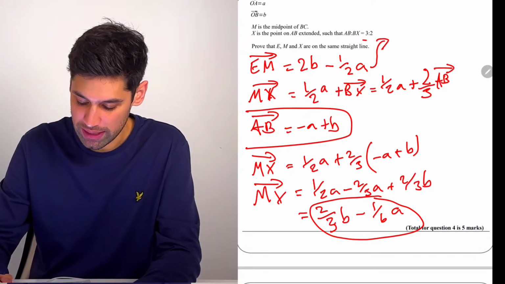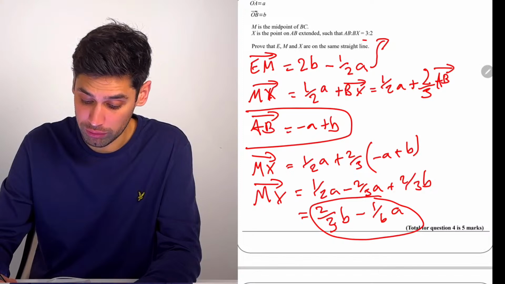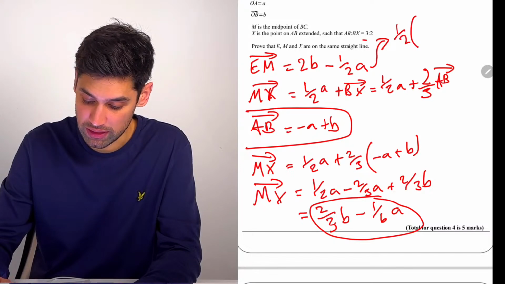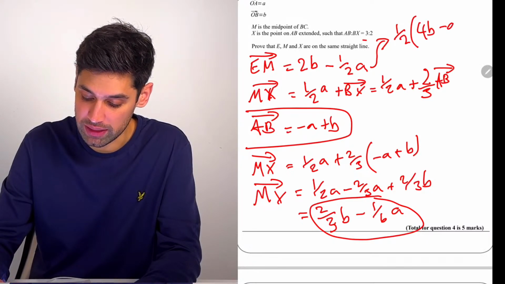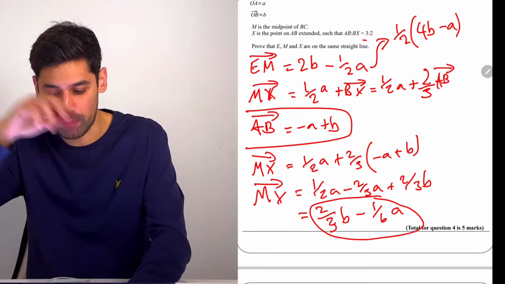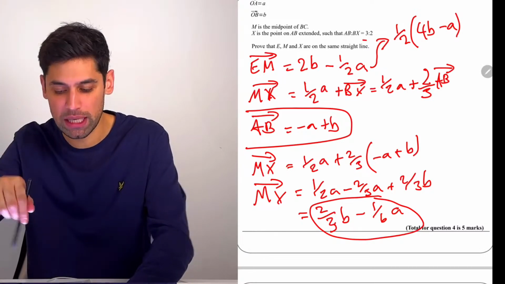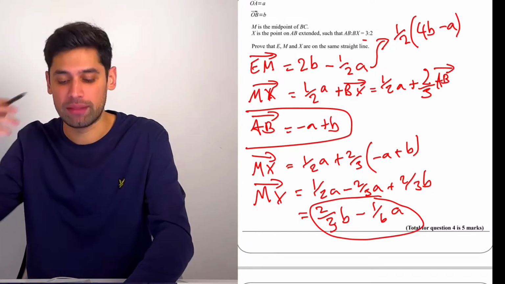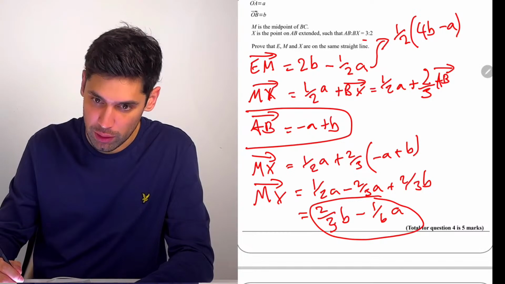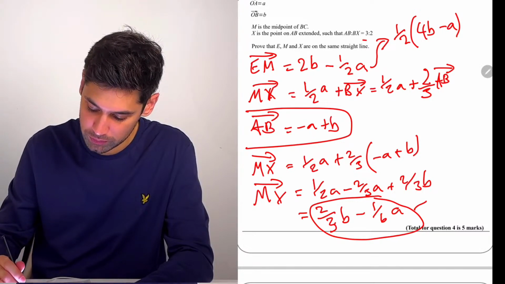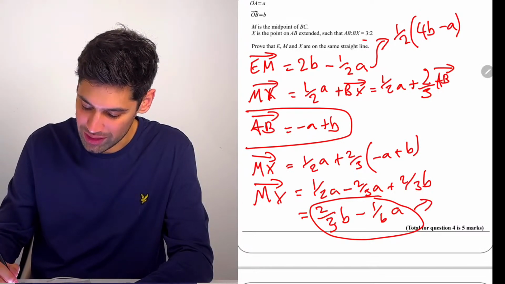But let's write this one up here. If we factorize out a half, that's going to give us 4B minus A. Because if we times the half back into 4B, that creates the 2B. If we times the half to the minus A, that creates a minus half A. And for this one, I'm going to take out a sixth.